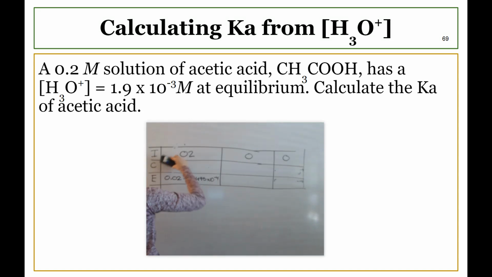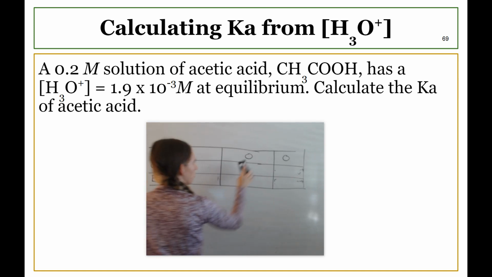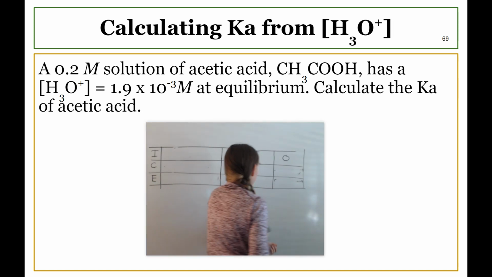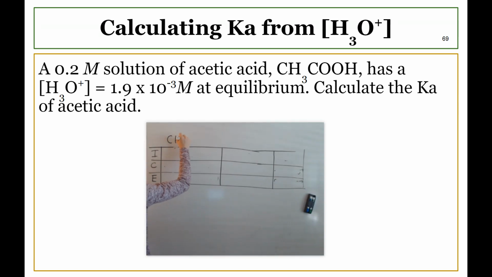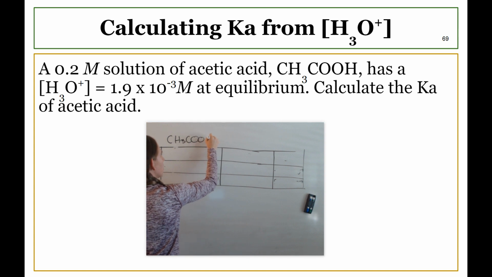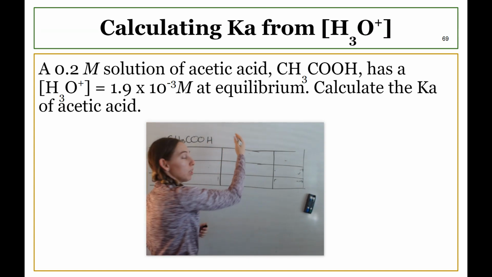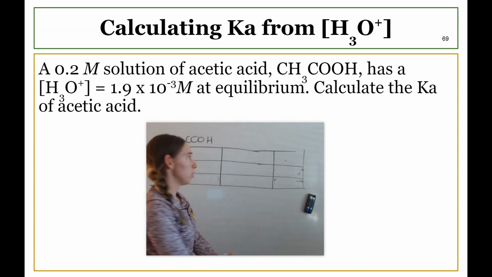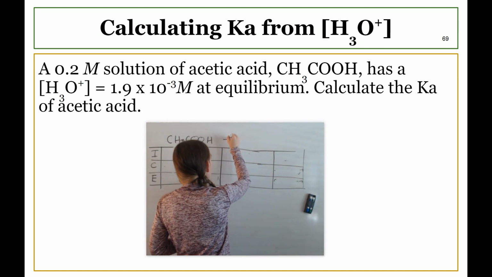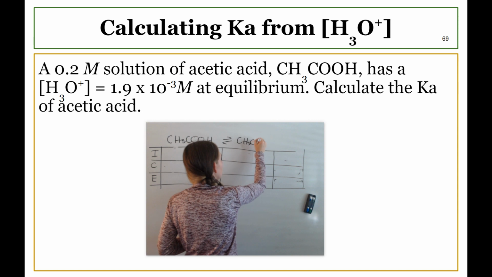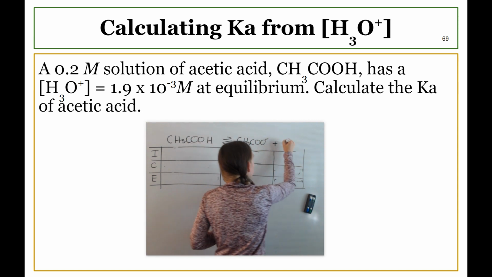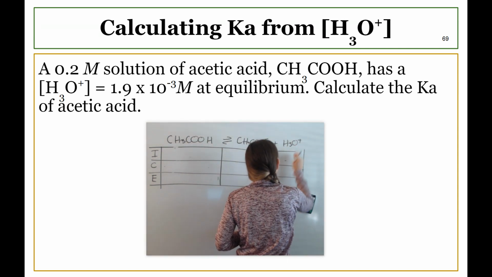So first thing we want to do is write out our dissociation reaction so we can find out all of the compounds we're looking for. So we have this with our acidic hydrogen plus water, which we're not going to include because we don't need it in our ice table. Essentially it just turns into CH3COO minus plus H3O.